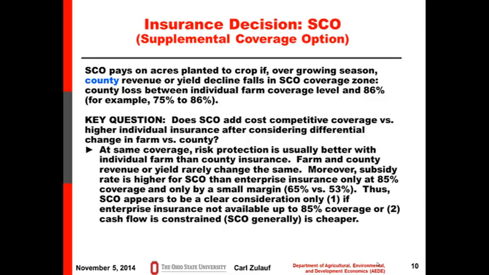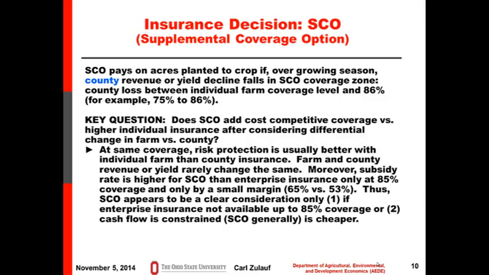So when would, in my thinking, it be a clear consideration to consider SCO? One would be if, for my county, I do not have access to 85% or 80% enterprise insurance.